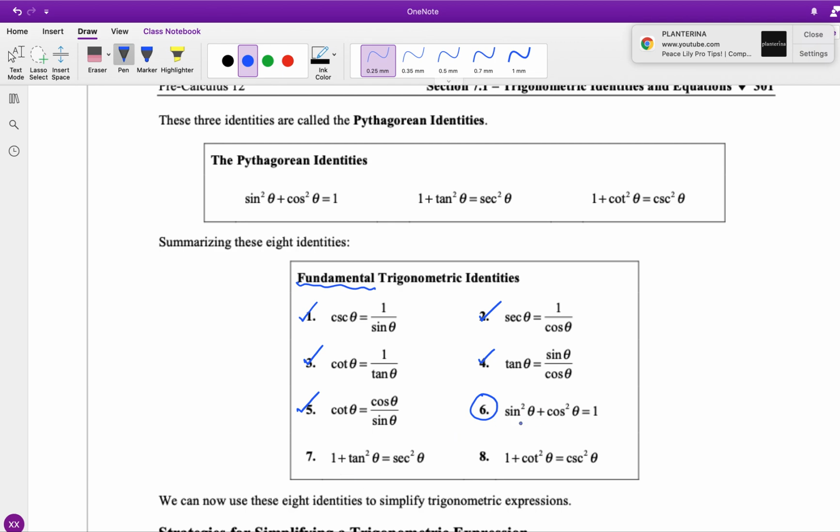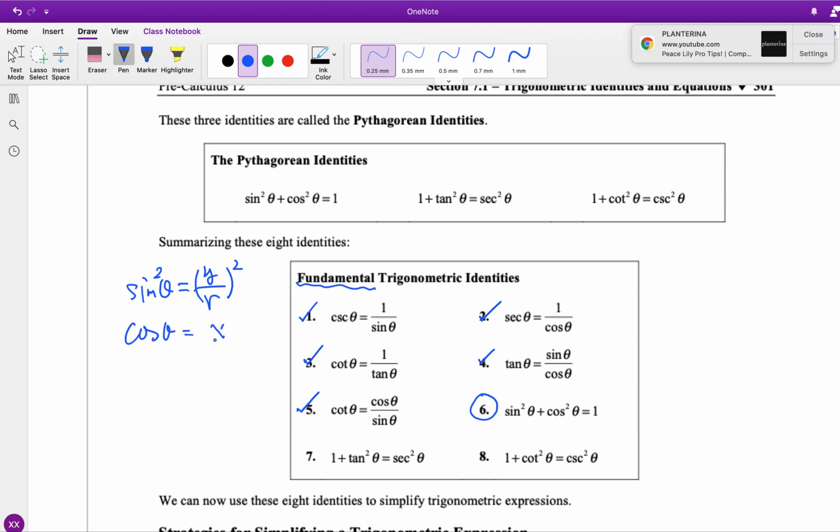So this one is proven in grade 10 when we learn about it. I hope at that time you proved this one. So what do I do? Basically we know sine theta is y over r. Now the power, the square, means the square. Now cosine is the same thing.